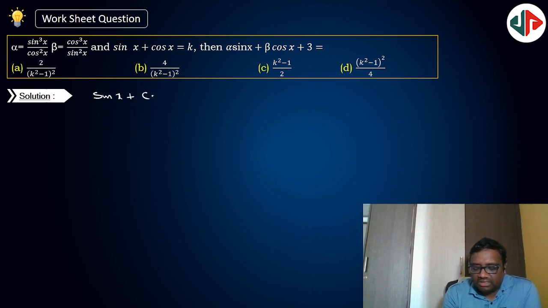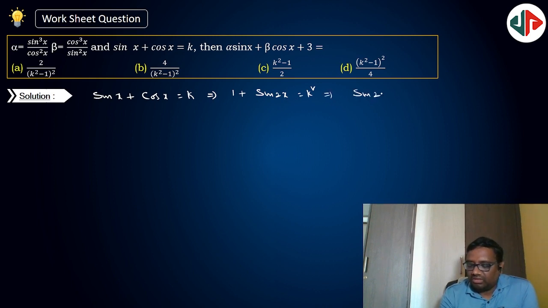Squaring on both sides, we get 1 plus sin 2x is equal to k square, or 2 sin x cos x is equal to this value. So sin 2x is equal to k square minus 1. This is your first data.